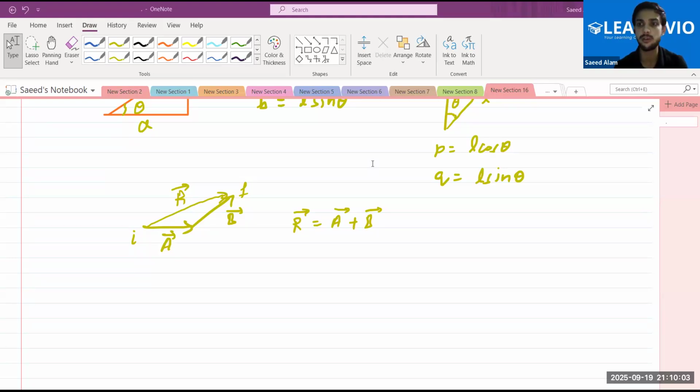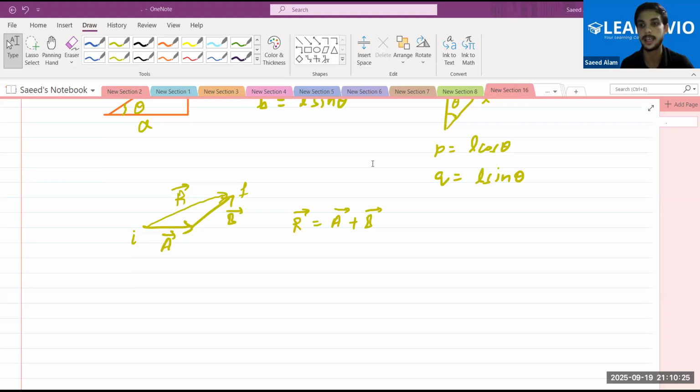Till now I'm just able to say that the final resultant will be aligned somewhat like this, joining the tail of A to the head of B, but I still don't have any specific number. If someone asks me to compare this R with any other vector, I won't be able to because I don't know what its magnitude is.